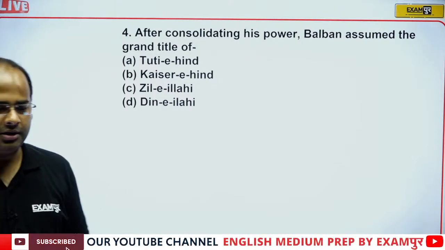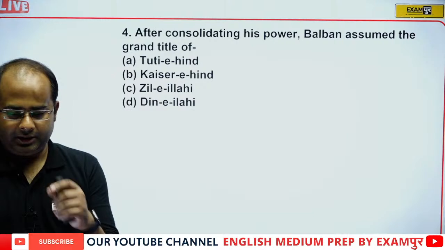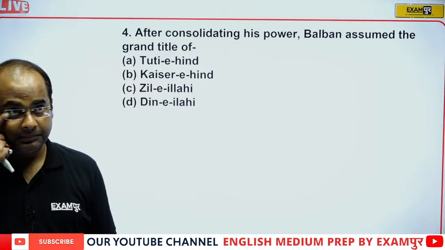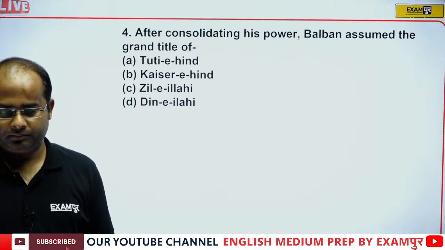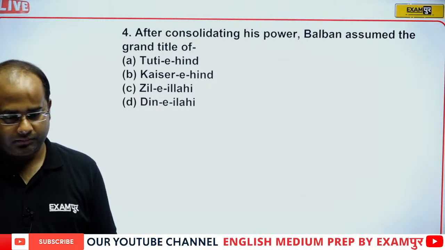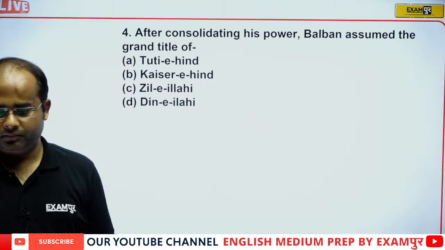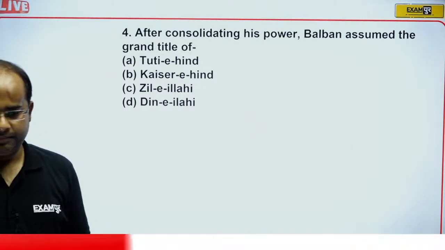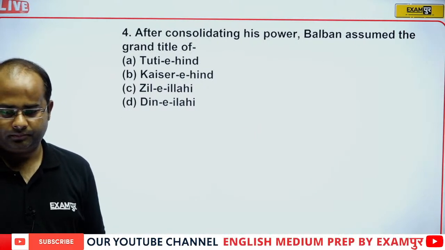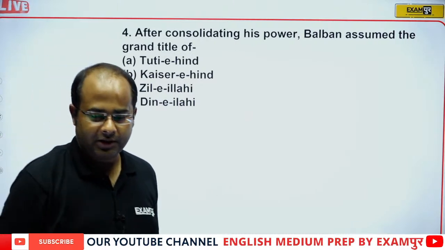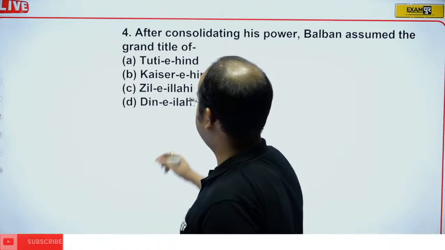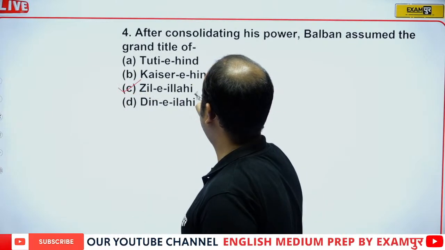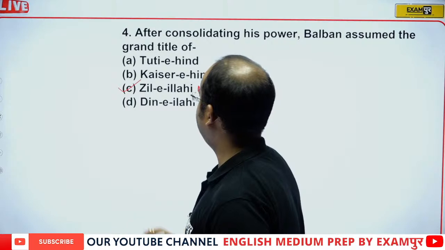Tutiye-Hind, Kaisar-e-Hind, Zille-Ilahi, or Deen-e-Ilahi? Okay, guys, after consolidating the power, Balban adopted the title of Zille-Ilahi. So the correct answer will be option C, Zille-Ilahi.